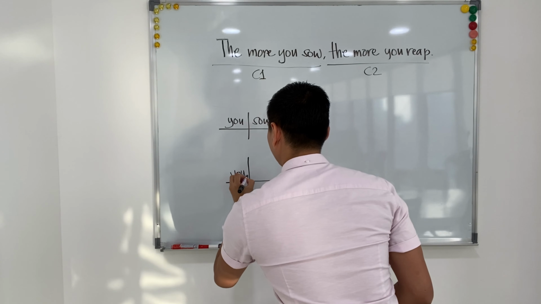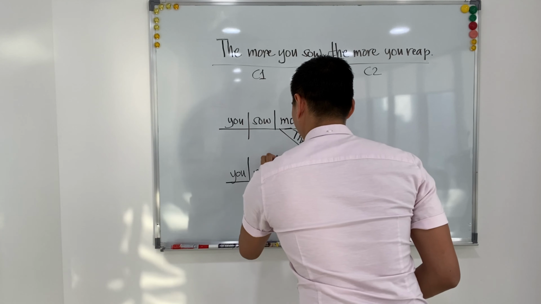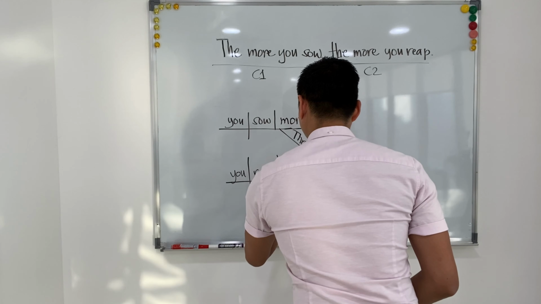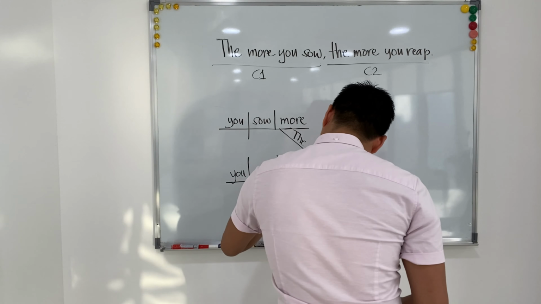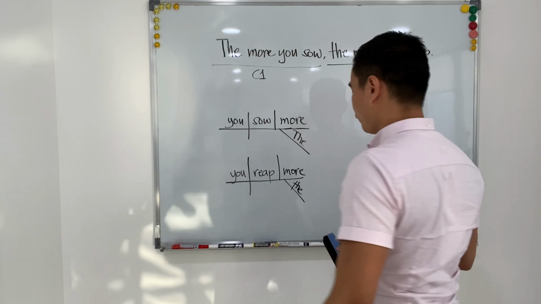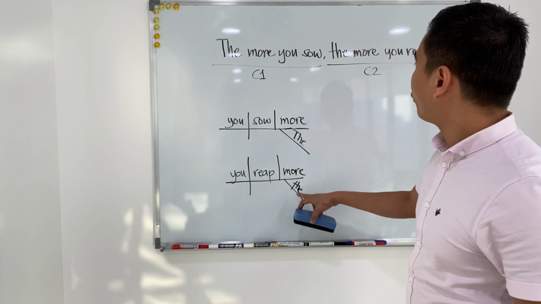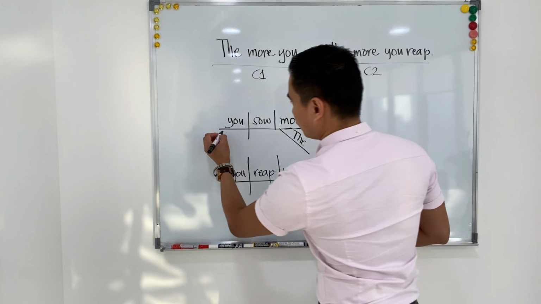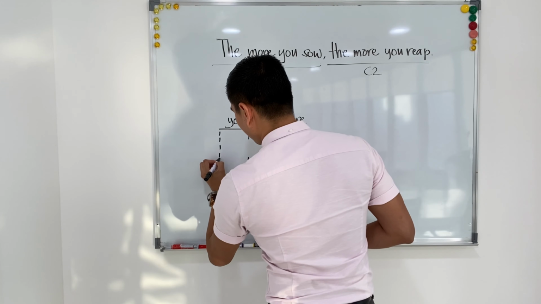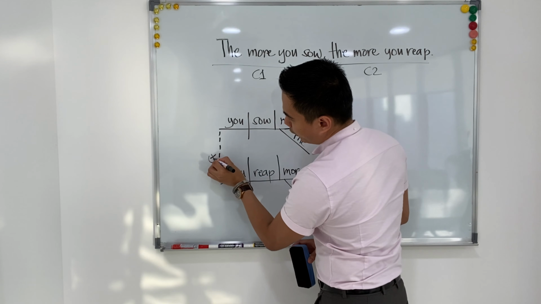You reap more. And then the definite article. So, the more you sow, the more you reap. There is a comma. We just connect the two baselines, and there's nothing. We just put X.